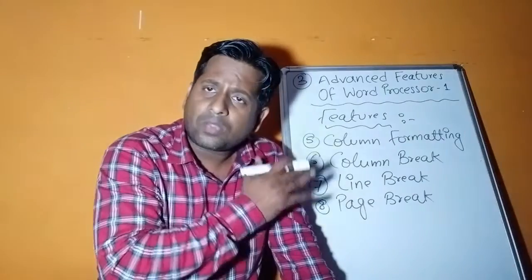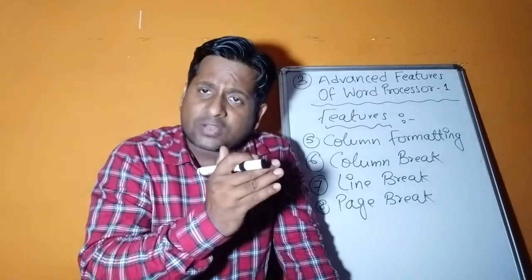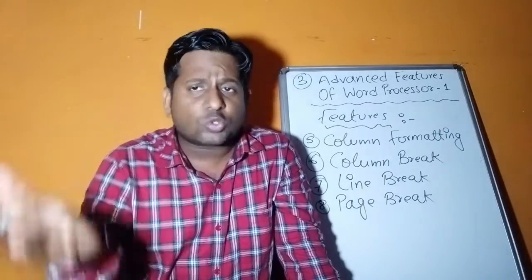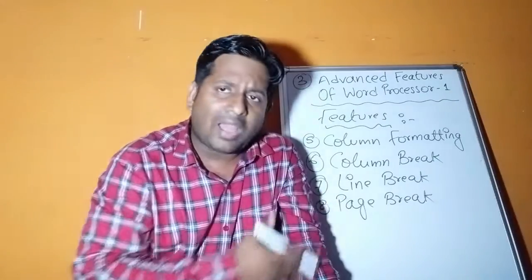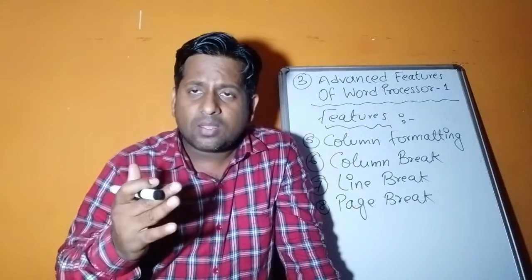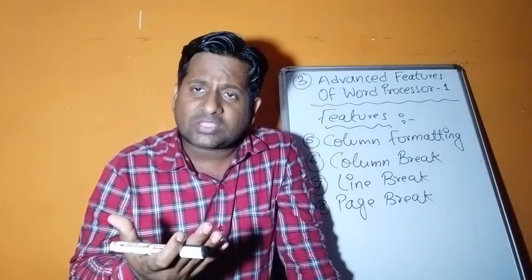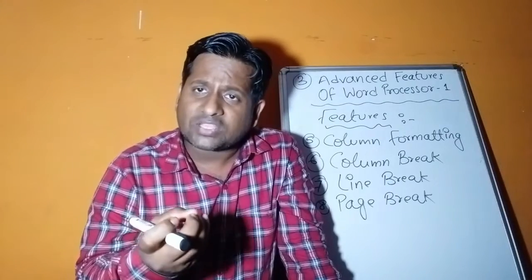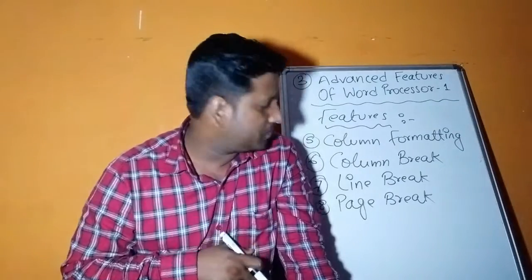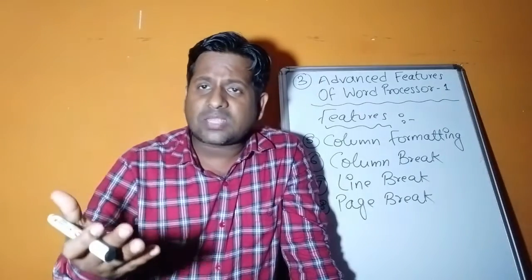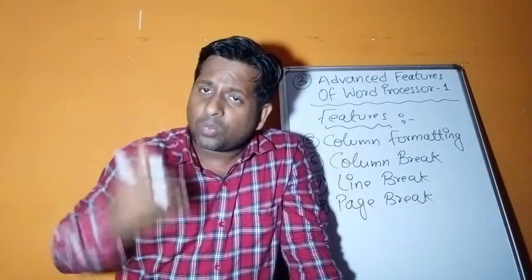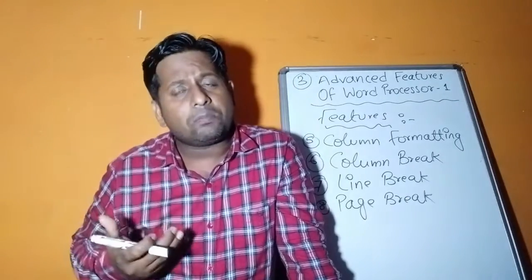So children, column break breaks the columns, meaning whatever text is after the cursor goes to the new column. Line break breaks the line, meaning whatever text is after the cursor goes to the new line. Page break, in the same way, sends whatever text is after the cursor to the new page.